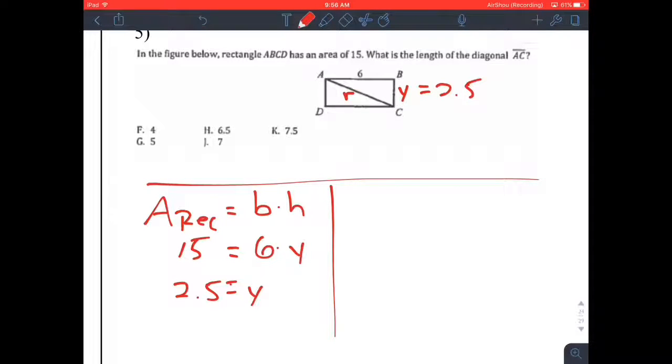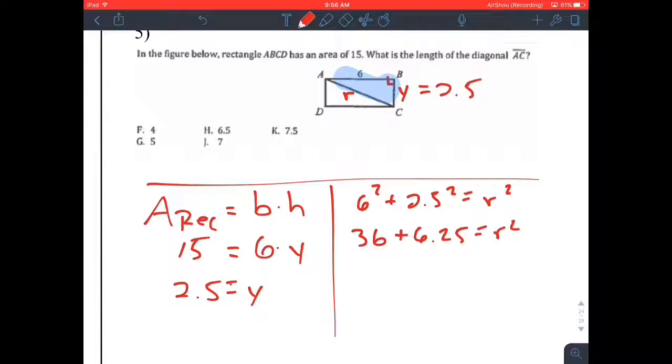We're supposed to find the length of the diagonal. Since this is a rectangle, this is actually a right triangle. Find the hypotenuse, where you take a leg squared plus another leg squared, that equals the hypotenuse squared. 6 squared is 36. 2.5 squared is 6.25.